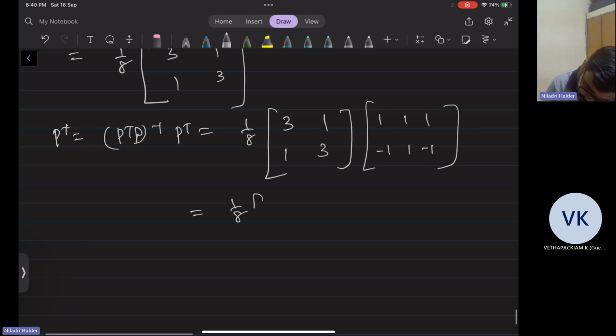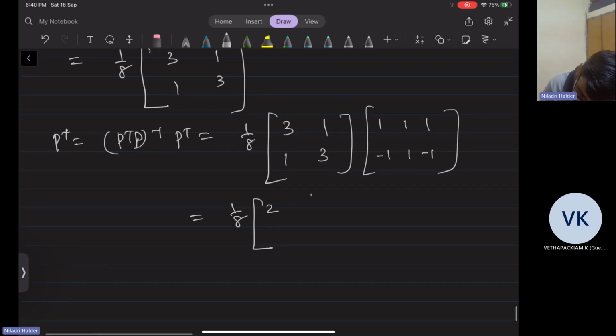That gives 3 minus 1 is 2, 3 plus 1 is 4, 3 plus 1 is 4, 3 minus 1 is 2, 1 minus 3 is minus 2, 1 plus 3 is 4, and 1 minus 3 is minus 2.